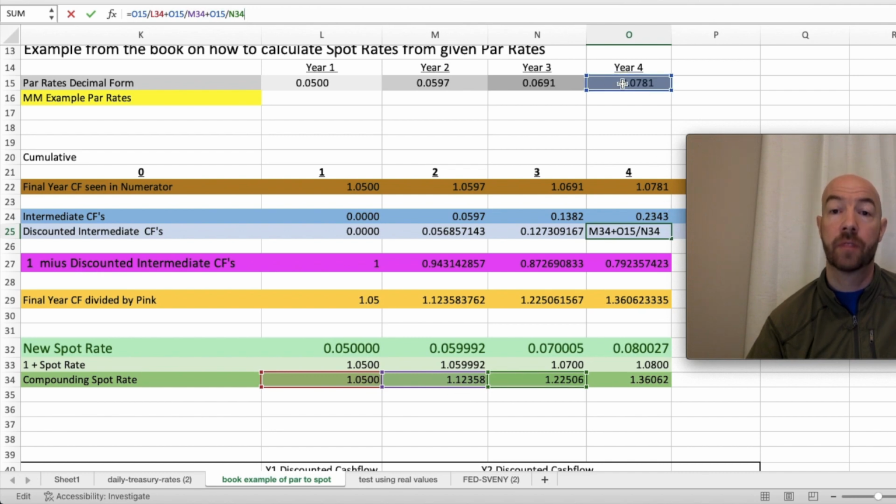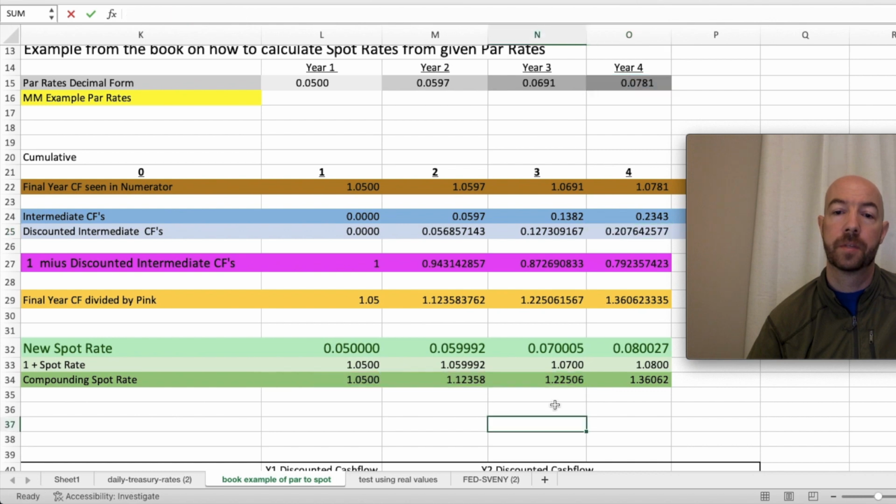And in the third period, you're going to have one more of these intermediate payments, but you've got to divide it by the third year compounded spot rate, as I'm calling it, 1.22506. And what is that? It's this number raised to the third. You can see that. What is this? It's this raised to the corresponding period. So 3 periods.